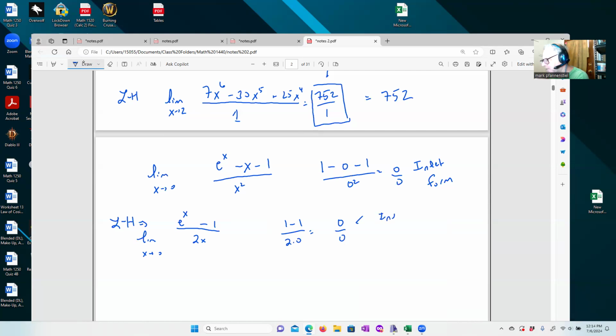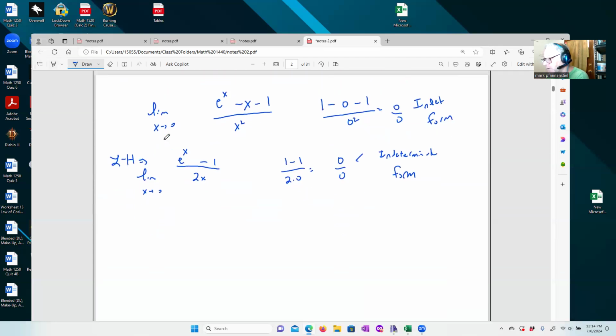So we get 0 over 0 again. What do you know? It's another indeterminate form, which means we can and should use L'Hopital's again. So we can use this as many times as we need to, until we get an answer. If you've got a polynomial in it, chances are it's going to drop out sooner or later, because we take derivatives and it's just going to go away.